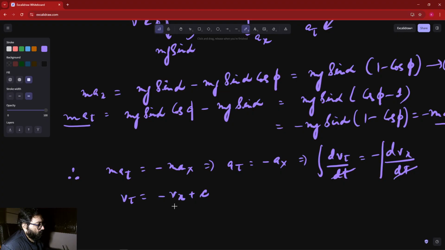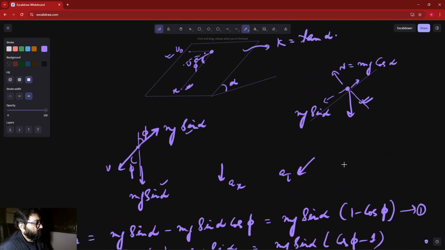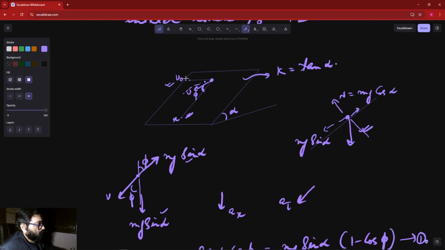Okay. Now, what was the value of Vx when Vt was equal to V0? Okay. Initially, when this body was thrown in a direction perpendicular to the incline, Vx was equal to 0, right?